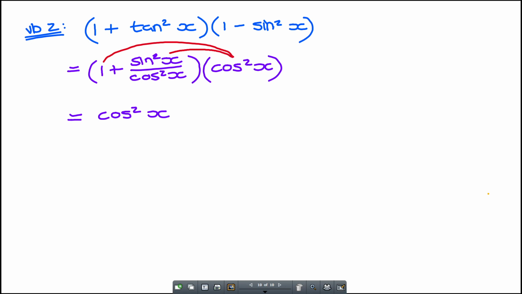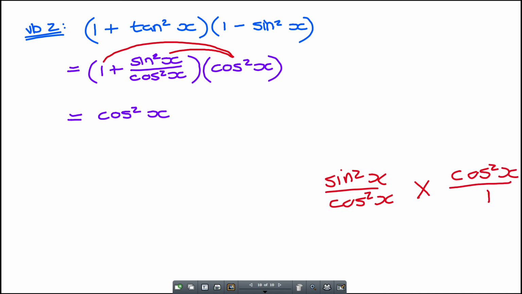Nee, so as ek nou daai sou maal, dan sit mos nou sin kwadraat x op cos kwadraat x, maal met cos kwadraat x. Maar daai cos kwadraat x is actually over 1, nee? So what's going to happen there? Won't these two cancel out? Do you guys see that?